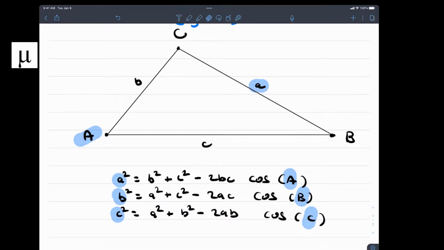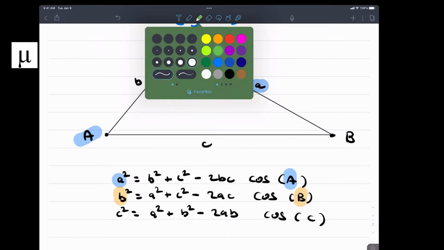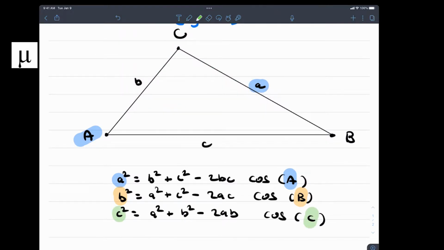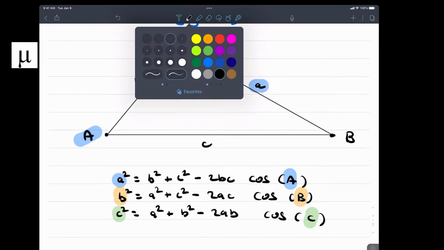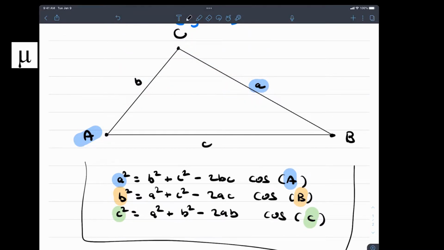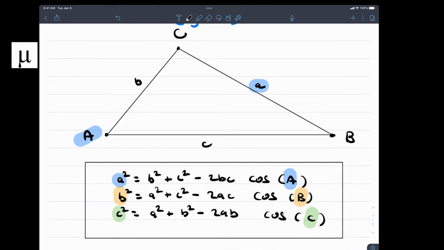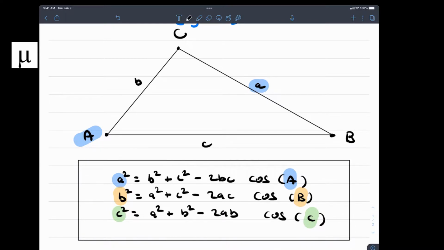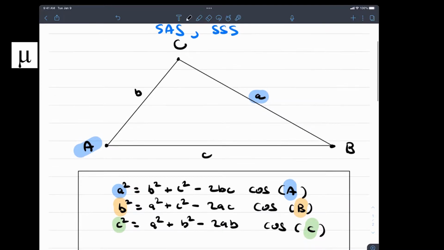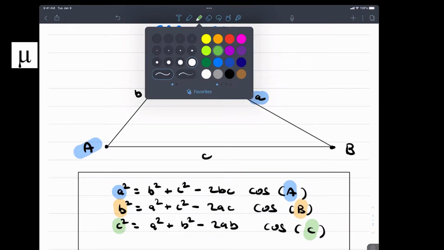Maybe we should change those colors. B, B. What else here? C, C. There you go. Okay, so I'm going to give you these other colors here. Maybe that helps you see.